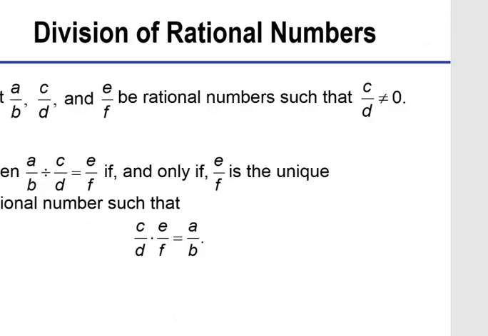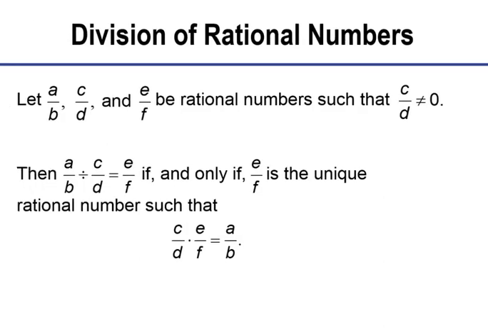But the definition's not so bad. I had to line myself back up, didn't I? Let A over B, C over D, and E over F be rational numbers such that the fraction C over D is not 0. Why? Because remember, you're not allowed to divide by 0. So notice C over D, this guy right here, can't be 0.